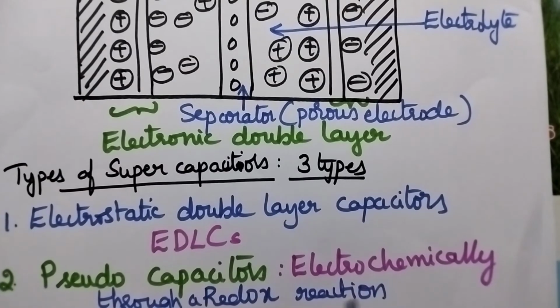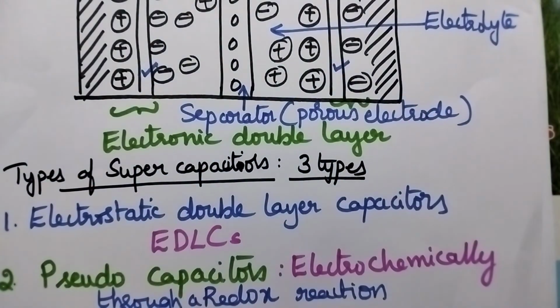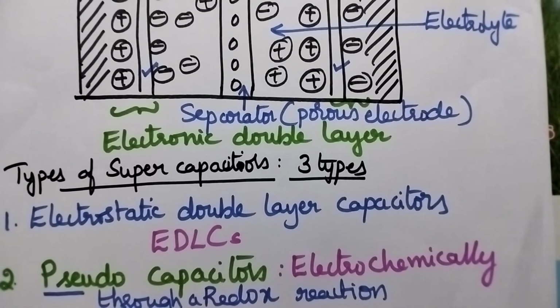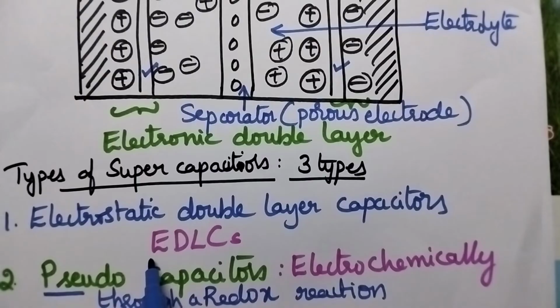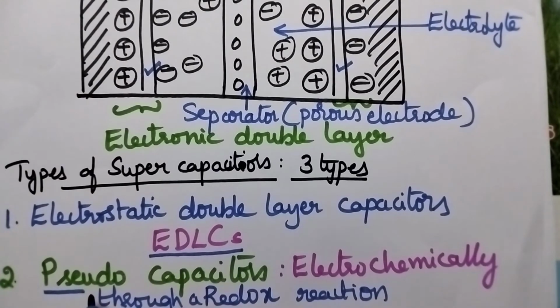In general, these electrodes are made up of metal oxide or conducting polymers, and pseudo capacitors have very high energy storage when compared with electrostatic double layer capacitors. So pseudo capacitors can store more energy.